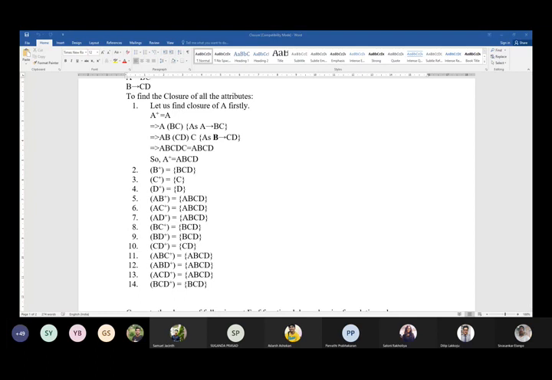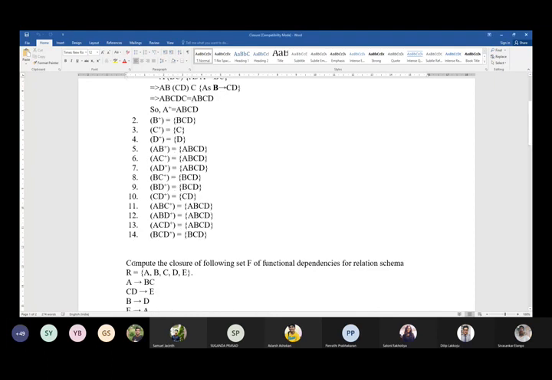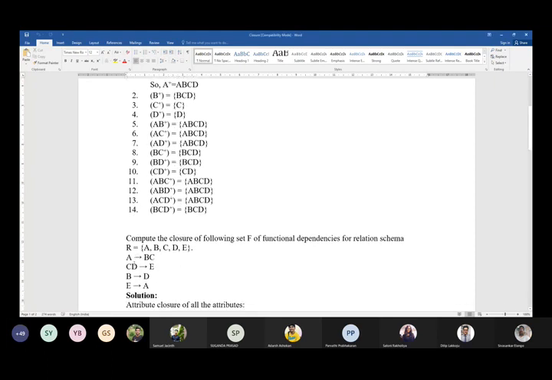So the second problem you are going to work with closure. I will give you the exercise for the second problem. You are expected to compute the closure of all the elements in a relation. So let me share the second problem. You are expected to compute the closure of the following set of functional dependencies for the relation schema.